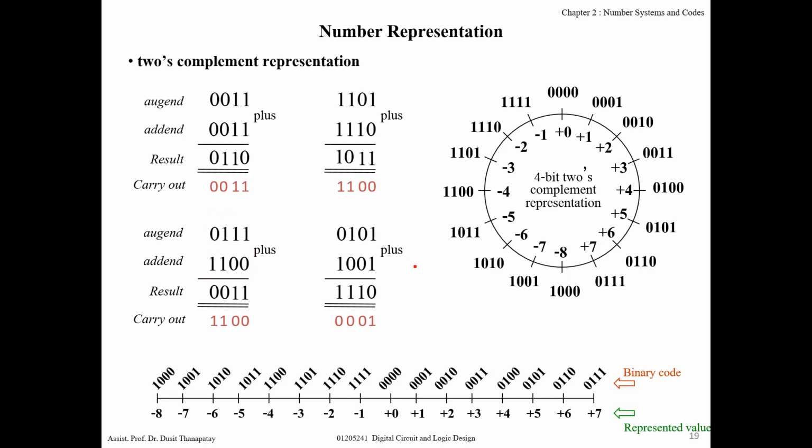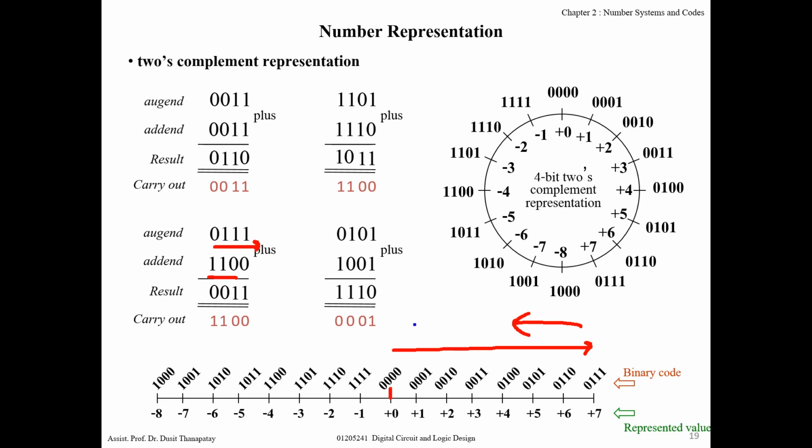Okay, for example, this one is 7, right? Then I start from this one, and 4 minus value, it's the opposite direction.